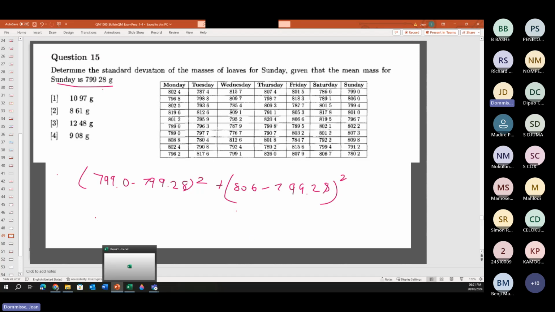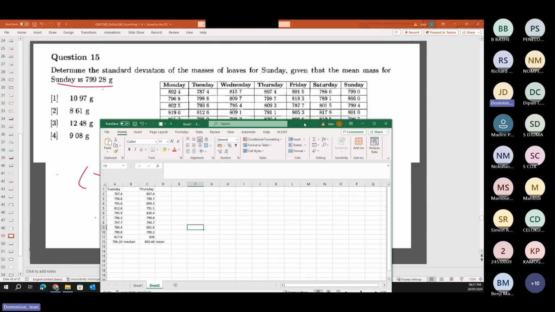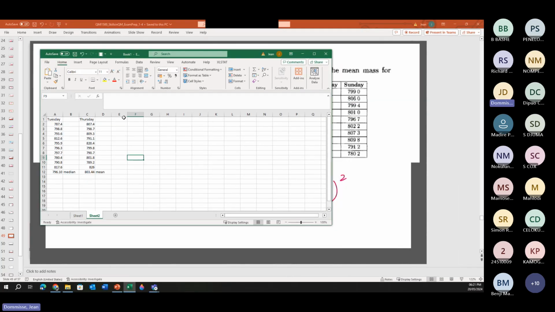So again, I would rather put that information into my data set.